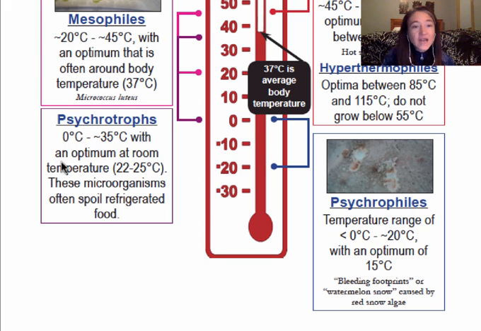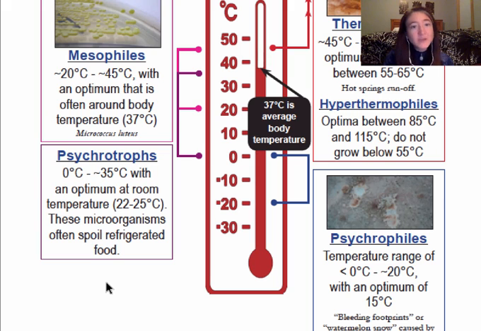Notice that they'll go down to 0 degrees Celsius as well, so their range encompasses colder temperatures. These are often our food spoilage microorganisms. If you think about something like Listeria monocytogenes, which caused the epic cantaloupe scare in the Rocky Ford cantaloupes in 2011, maybe some of you remember that, it is a psychrotroph. It's a food spoilage, but also a pathogenic organism.